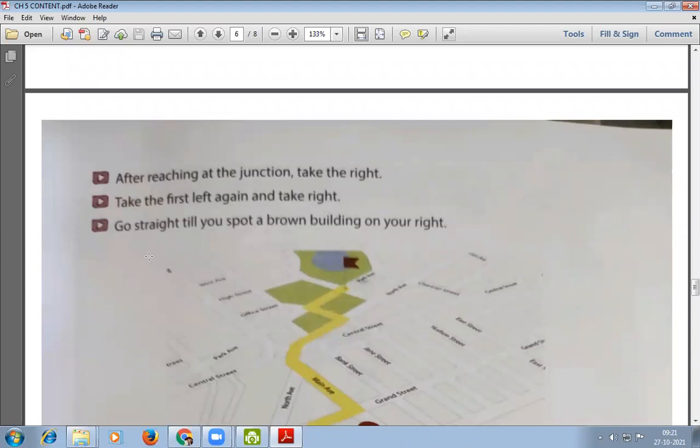This is my house. You can say it like that. So similarly here a set of instructions are given to Neil, okay, to find Hassan's house.